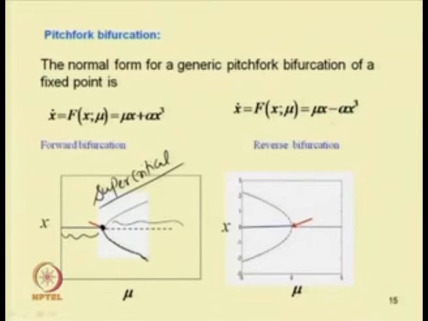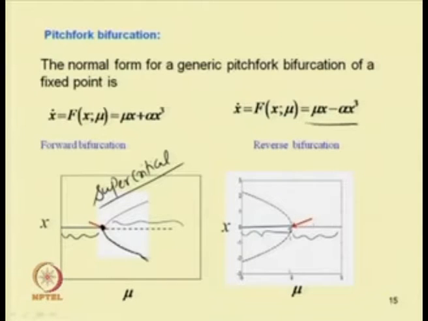But in this case, if we take x dot equal to mu x minus alpha x cubed and plot this response, we can observe that this part, the trivial state, is stable, but after this the trivial state is unstable, and here the non-trivial branch becomes unstable. So, if one increases the mu value beyond mu equal to 0, as the system is unstable, practically the system response will disappear after mu equal to 0, or the system will have an unstable response.